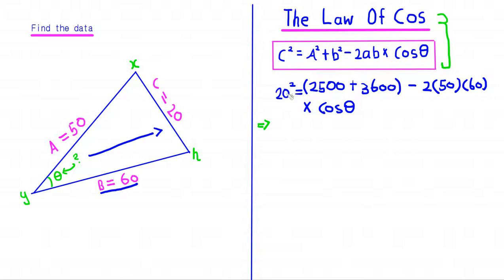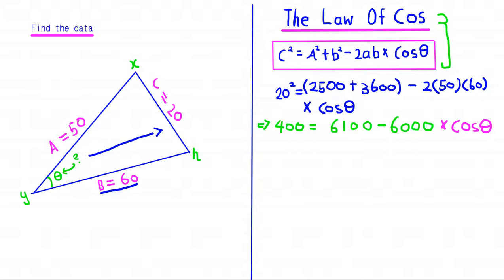Let's see, 20 times 20 is equal to 400, and it is equal to 2,500 plus 3,600, which is 6,100, minus, let's see, 2 times 50 is 100, times 60 is 6,000, times cosine of theta.